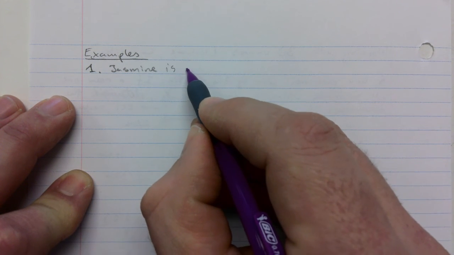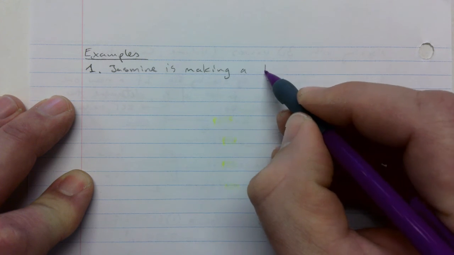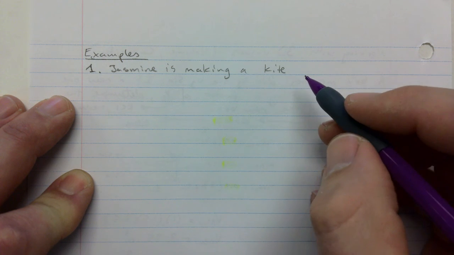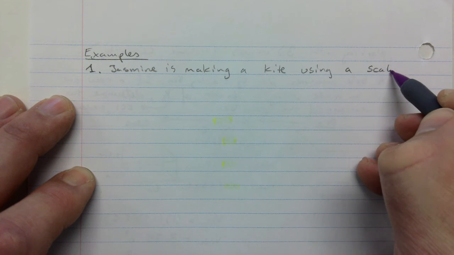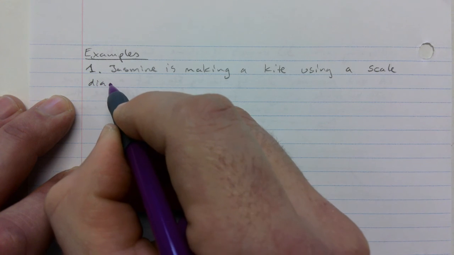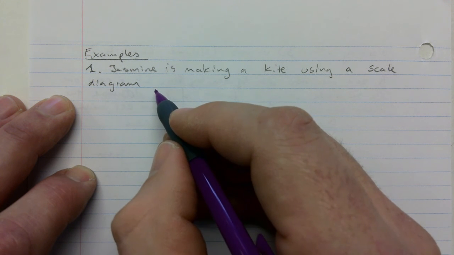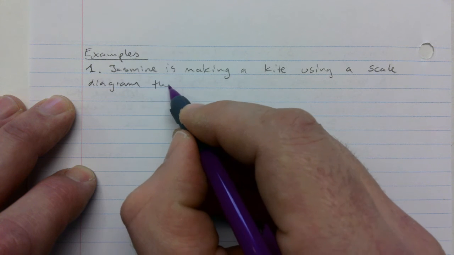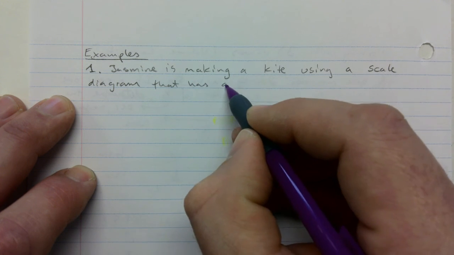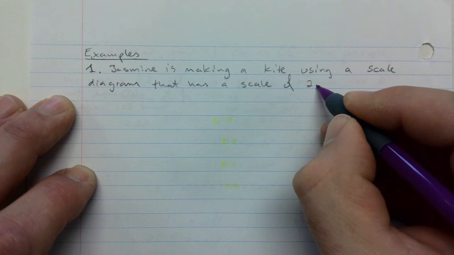Jasmine is making a kite using a scale diagram that has a scale of 2 to 25.